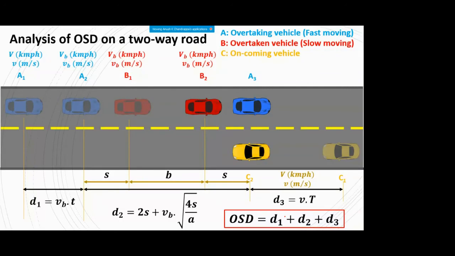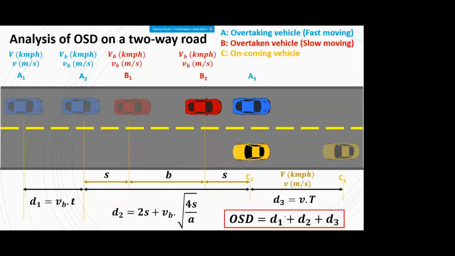Now again, emphasizing this again and again, OSD is the minimum distance visible to the driver in the process of overtaking. It comprises of three components. The first component is the distance traveled during the reaction time, and that reaction time is nothing but the time taken by the driver to decide whether to overtake or not.